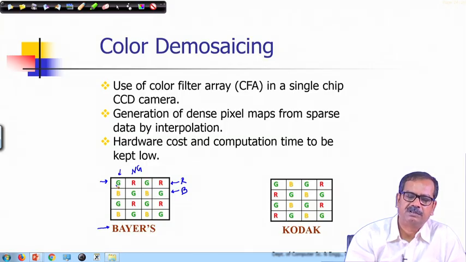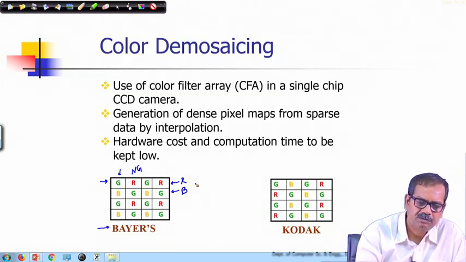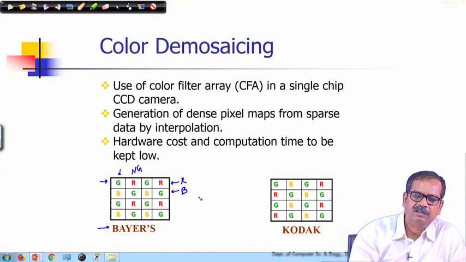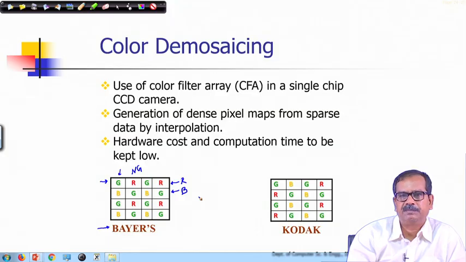This is the advantage of using a regular pattern when you describe a color filter array. So, our objective here is to interpolate the pixel values in such a way that you get the full color components, that means all 3 components at every pixel, and that is the computation of color demosaicing.